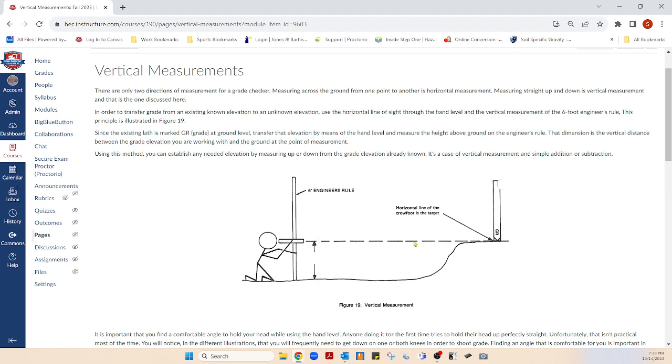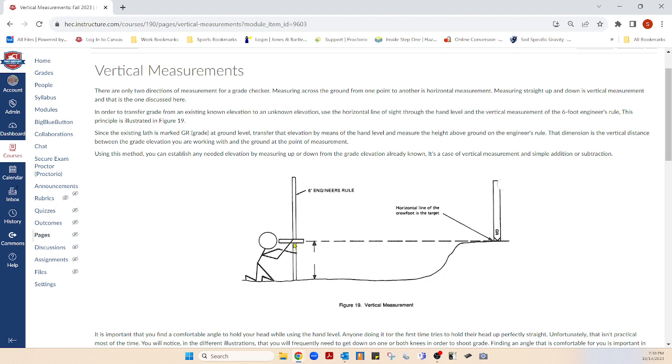This is the grade we want to have. This is the grade that we have to begin with. So he's shooting at the grade we want through here, and he looks on his ruler, and his hand level is sitting at 3.0 exactly. What goes on the stake? Fill, 3.0 feet. So he just transferred grade.